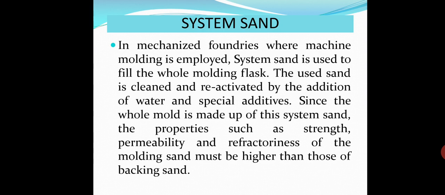But system sand is used in mechanized foundries where machine molding is employed. We will discuss some types of machine molding, such as die casting or centrifugal casting. Where this machine molding is used, we use system sand.